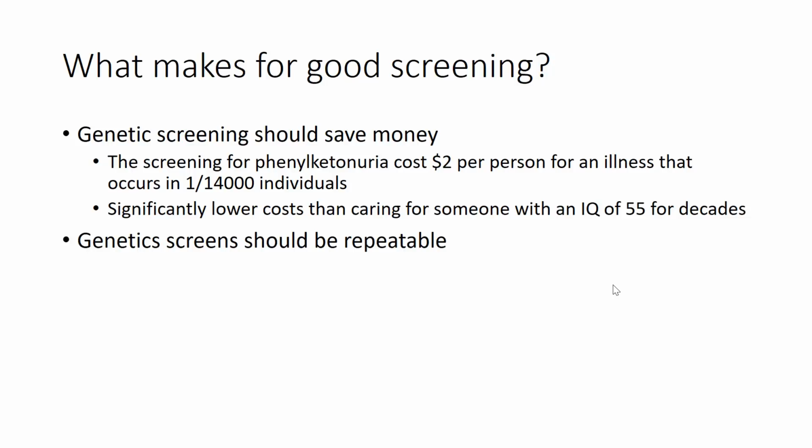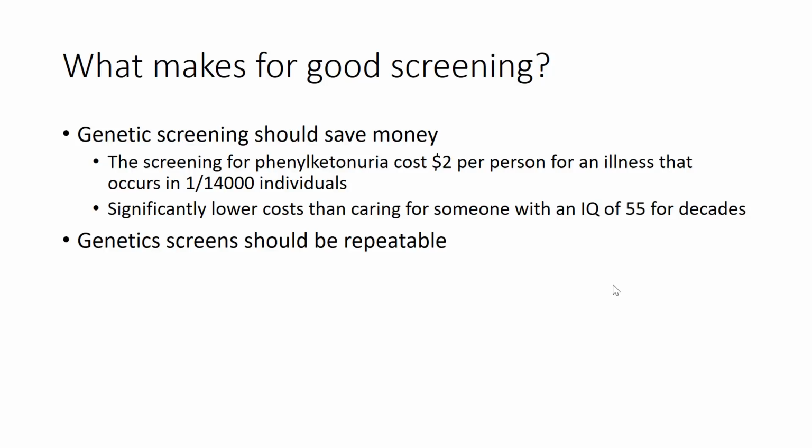Another important one is that genetic screens should be repeatable. And so, if you think about something that's not a genetic screening, but is another medical screening technique, something like an X-ray or a CAT scan.